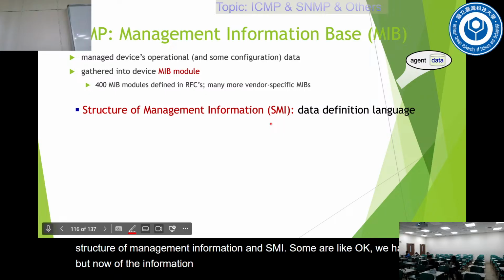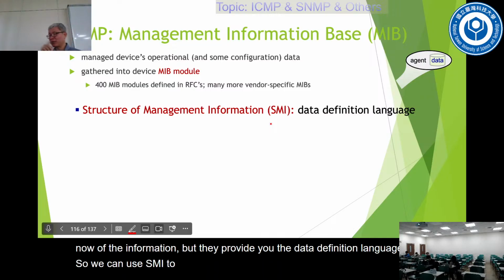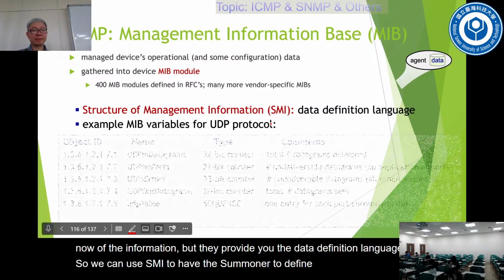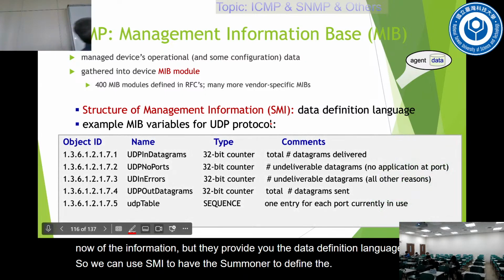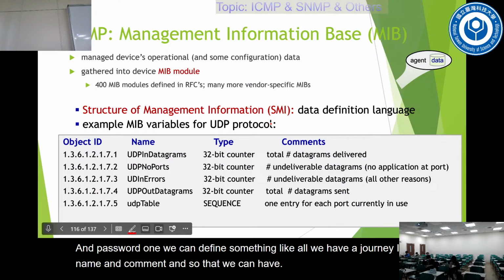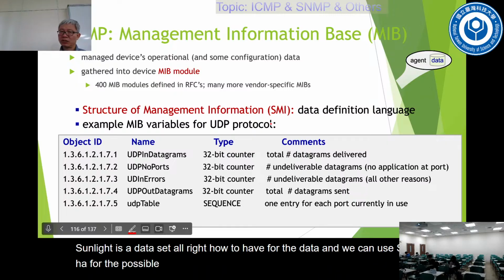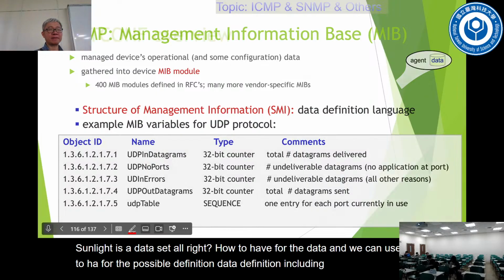It provides you the data definition language, so we can use SMI to define the MIB. For example, we can define an object ID, name, type, and comment, so that we have a data set. We can use SMI to make any data definition you want.